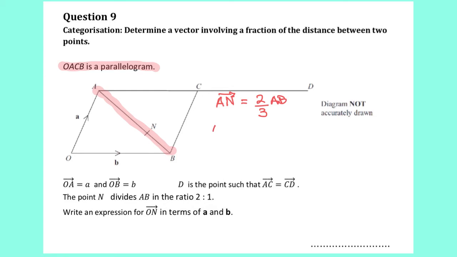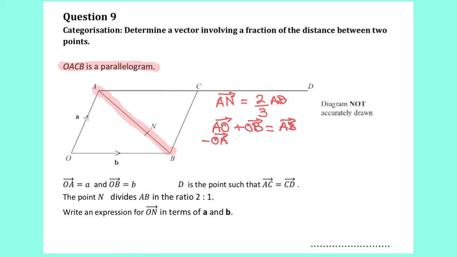So AO plus OB equals AB. Well, AO is equal to minus OA.